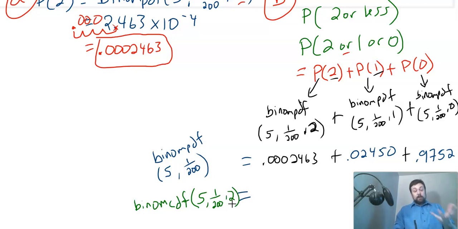This time you specify the number of successes, and that tells it how many probabilities to add up. For my calculator, Binomial CDF starts with 0 successes and adds up to whatever number I put in. So this is going to add up the probabilities for 0, 1, and 2. It goes all the way up to 2, adds those probabilities together for me, and gives me the answer.